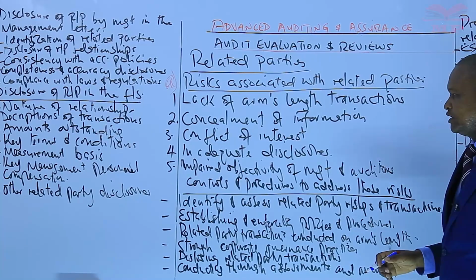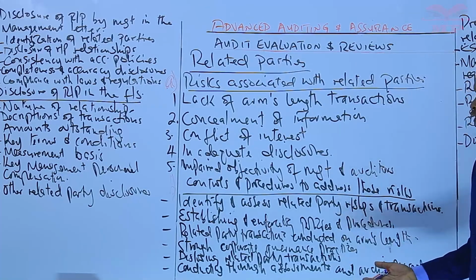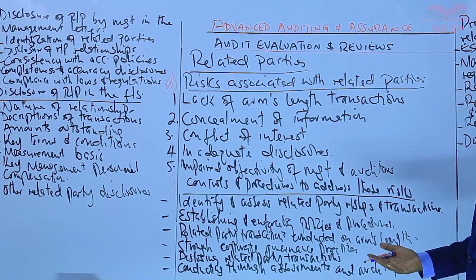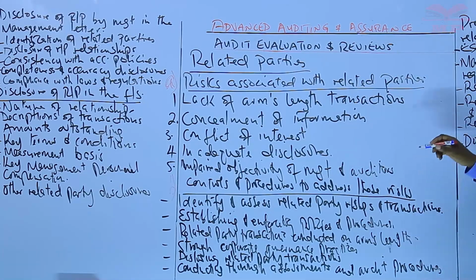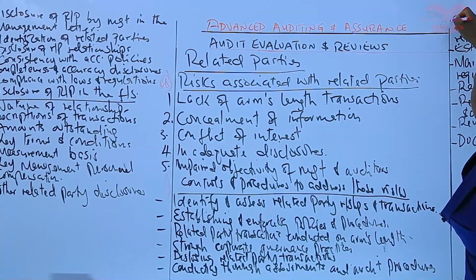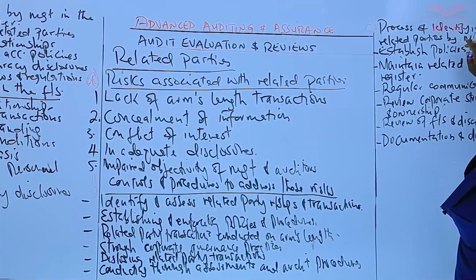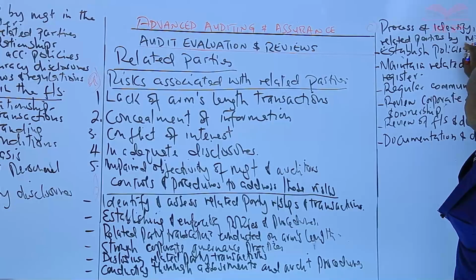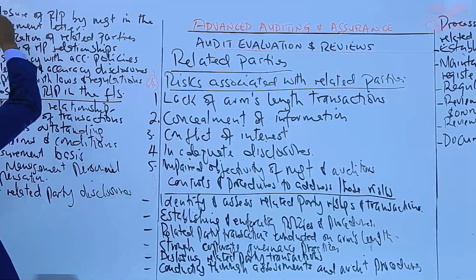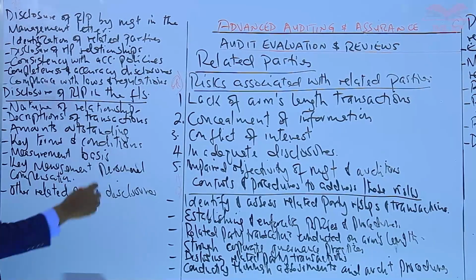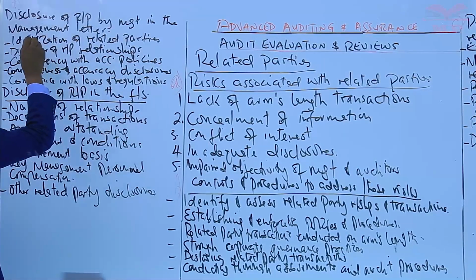We've also studied 2, the controls and procedures that could be put in place to address these risks. 3, we have studied the process of identifying related parties by management. 4, this is 4D, we've looked at the disclosure of related parties by management in the management letter.